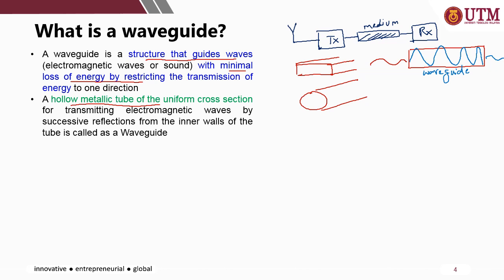For transmitting electromagnetic waves by successive reflection, as I've shown here, there's reflection between the inner walls inside the structure. So from the transmitting point to the end point, at the end the signal passes through to the end recipient or the receiver system.